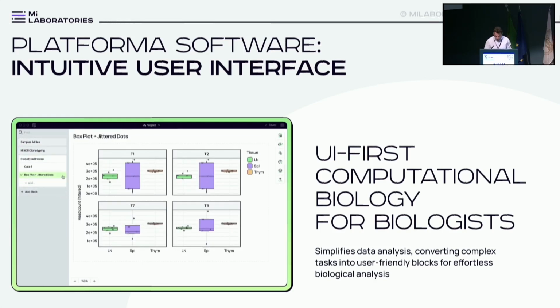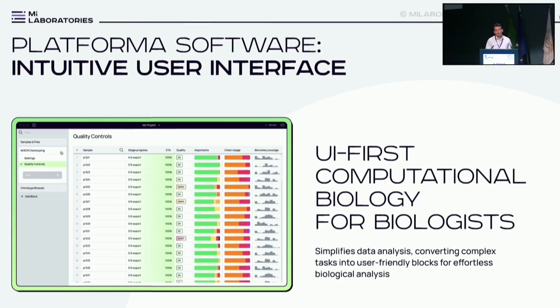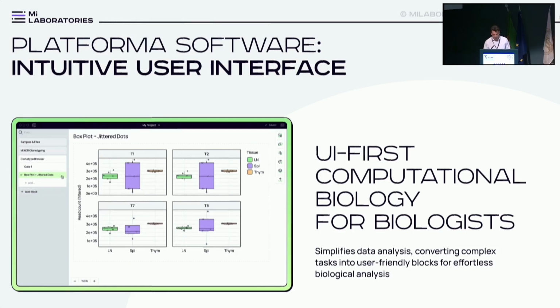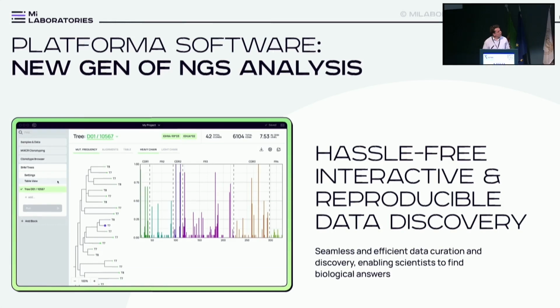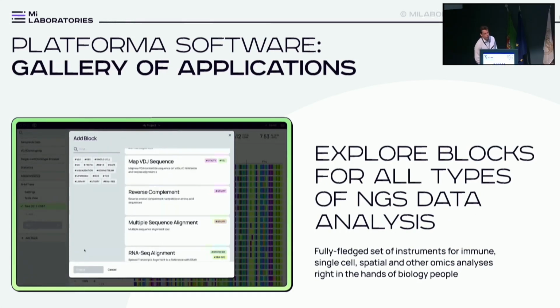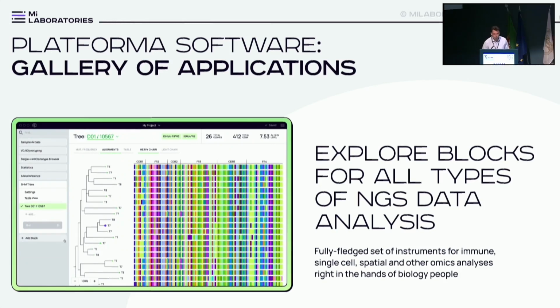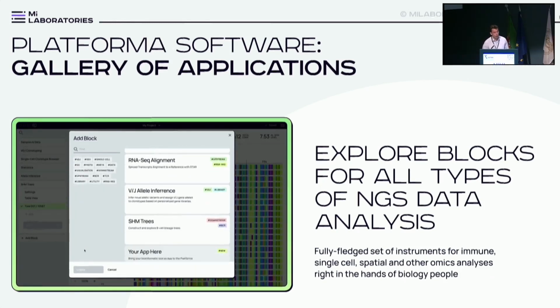It's very important to understand, and we see this in our users a lot, that repertoire sequencing is not the only thing people do. Even in this field, there are plenty of applications, plenty of algorithms. So we are not building a graphical user interface around MiXCR, but an open platform which supports all sorts of applications in computational biology, starting, of course, with repertoire sequencing.